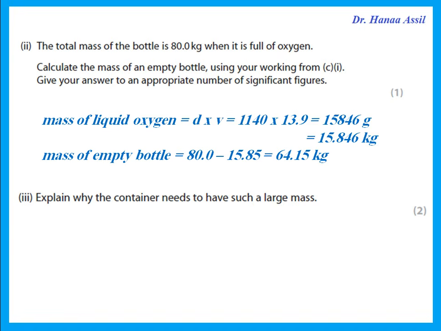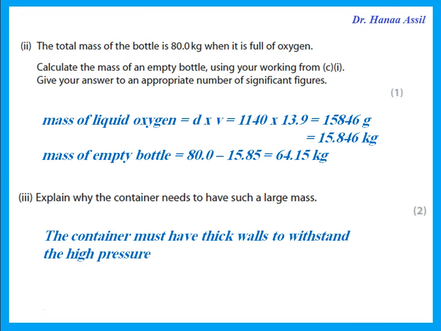And that means that the empty bottle has 64 kilograms. And he's saying, explain why the container needs to have such a large mass. Why is it so heavy? Well, because the container must have thick walls to withstand the high pressure of the gas inside it. So these bottles are usually heavy.